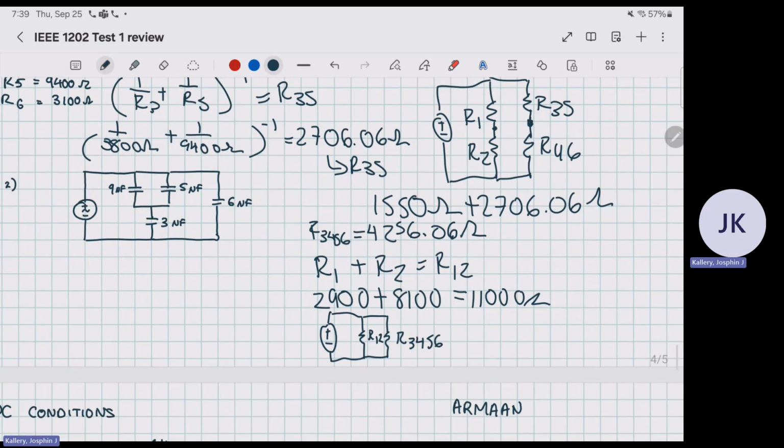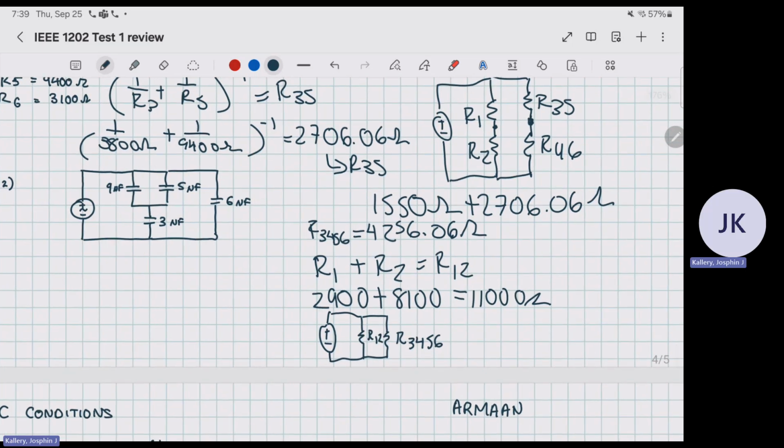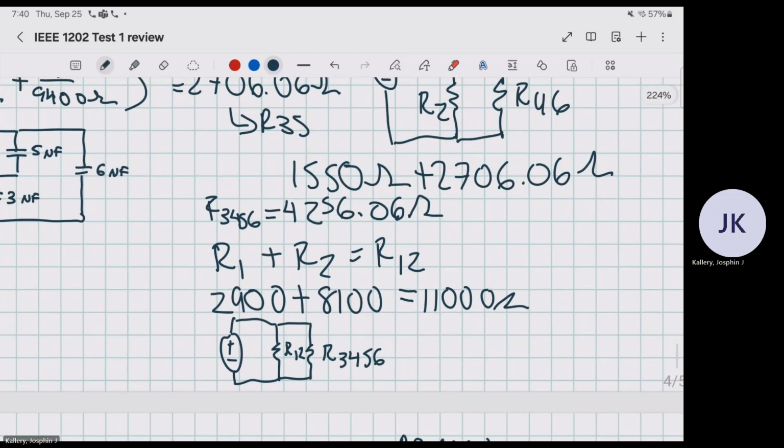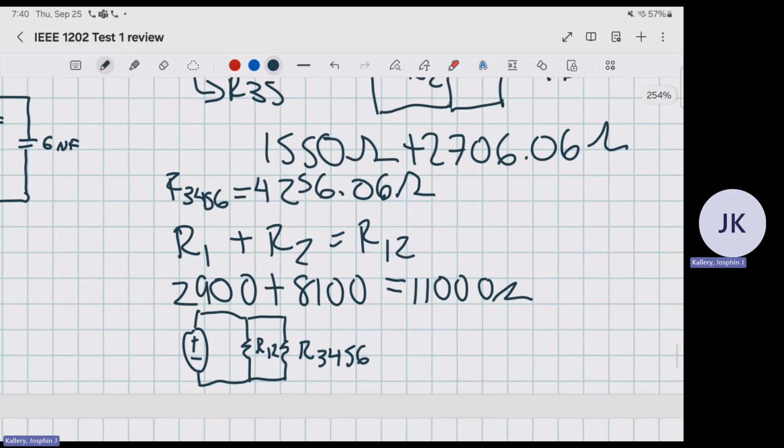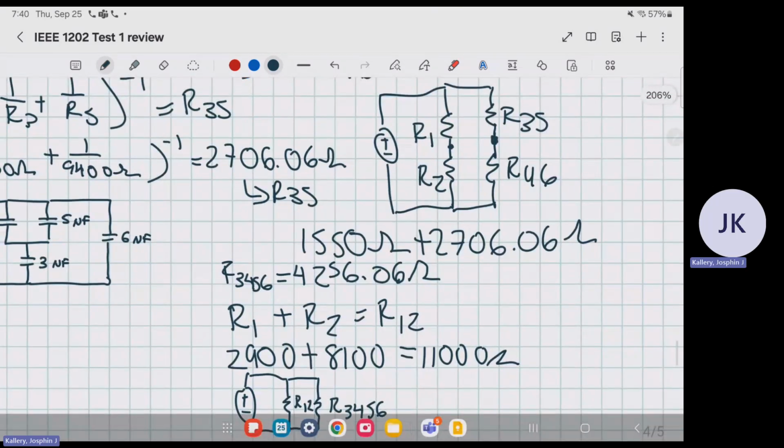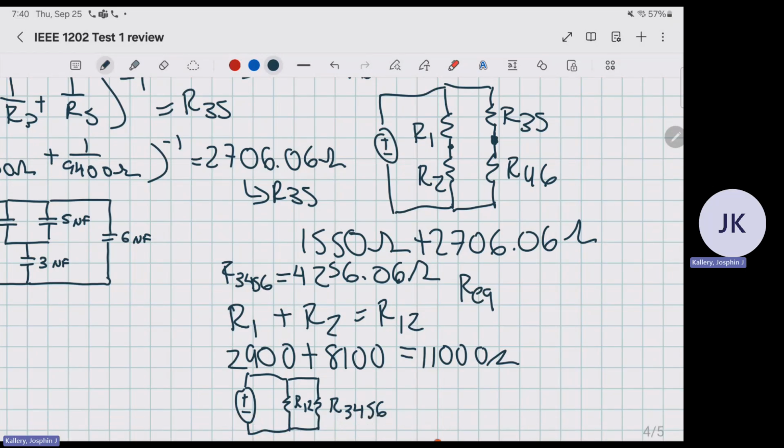They're in parallel, so we can combine them, and that will give us our equivalent resistance. So we get Req equals 1 over R12 plus 1 over R3456, and then we're going to invert it because they are parallel, as they share two nodes.